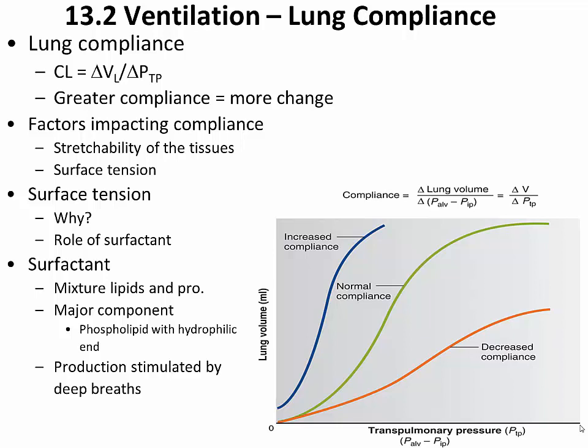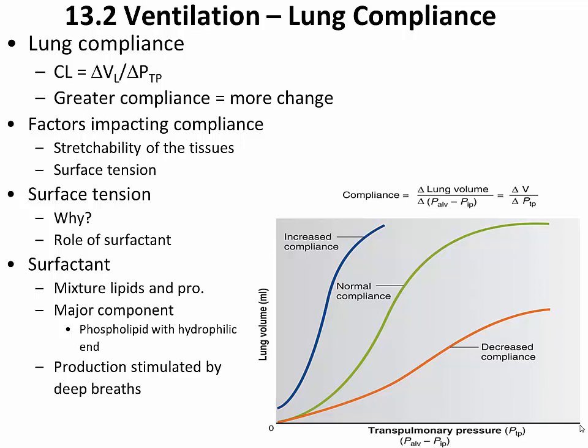Now, surfactant plays a huge role in reducing surface tension within the lungs. As you recall, surfactant is released by type 2 alveolar cells. Surfactant is a mixture of lipids and proteins, but the major component is a phospholipid that has a hydrophilic end that inserts itself between the water molecules and disrupts those hydrogen bonds.